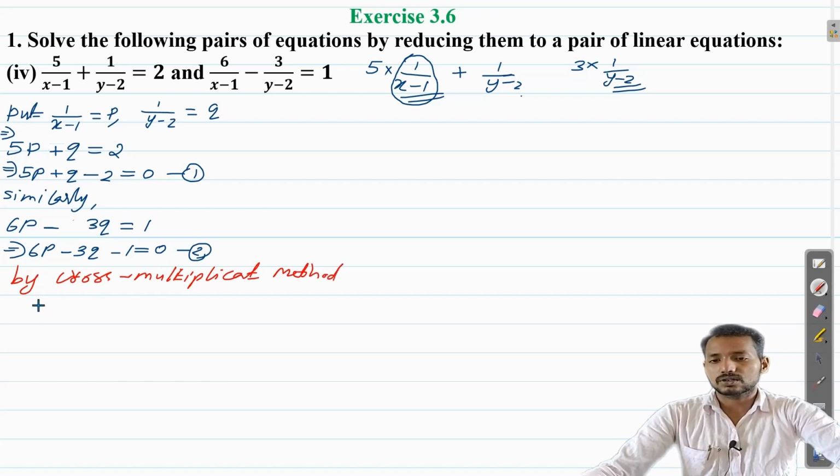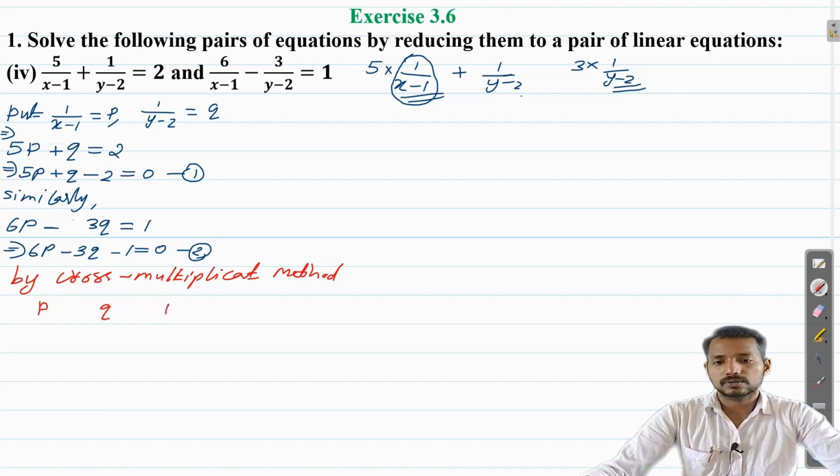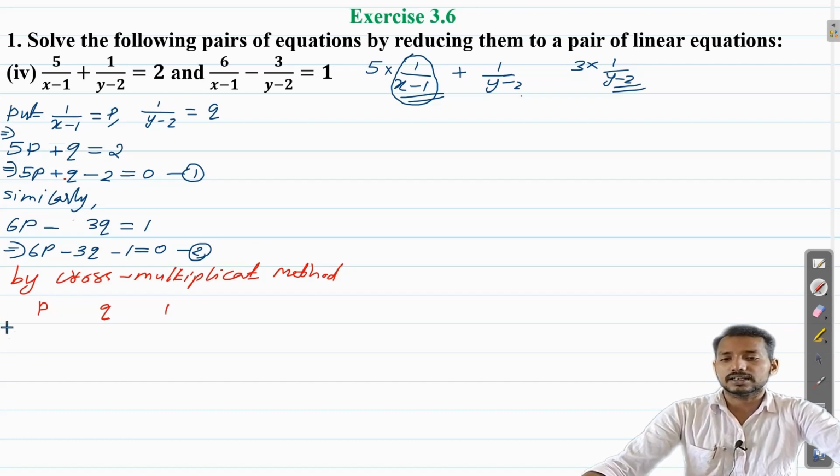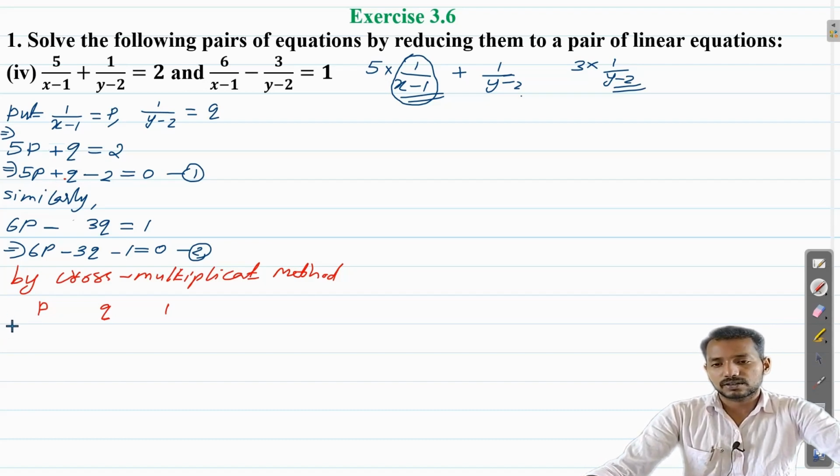By cross multiplication method, I'm going to solve. So write the variables as they are: p, q, 1. What is b1 here? b1 is minus 1, because the coefficient of q in the first equation is minus 1. b2 is minus 3 here. These are the two standard forms we have.